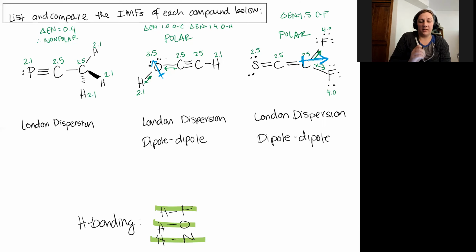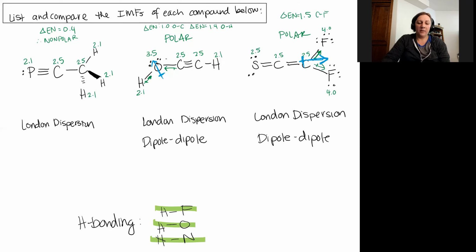I have carbon-hydrogen bonds in my first one, but those aren't going to have enough of an electronegativity difference to participate in a hydrogen bonding interaction. And it's confusing because there are hydrogen bonds, a bond between a carbon and a hydrogen, but it's not a hydrogen bonding interaction, which makes it really the worst name interaction of all of them because it's confusing.